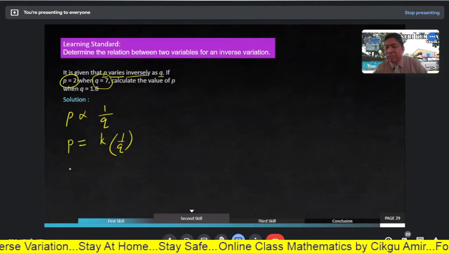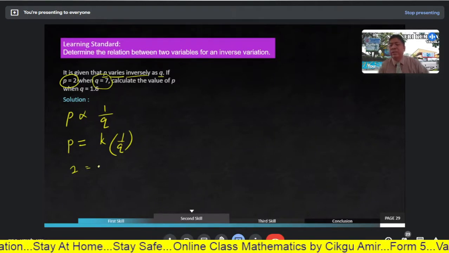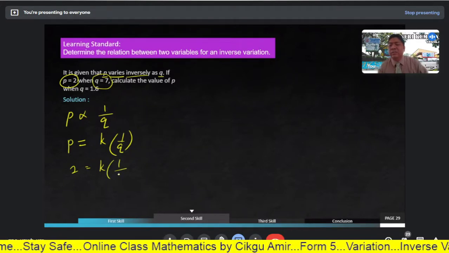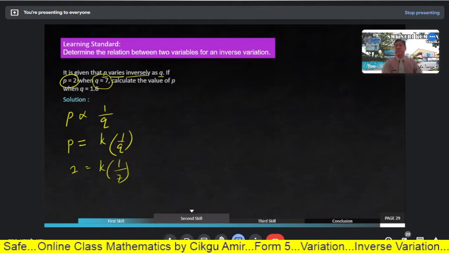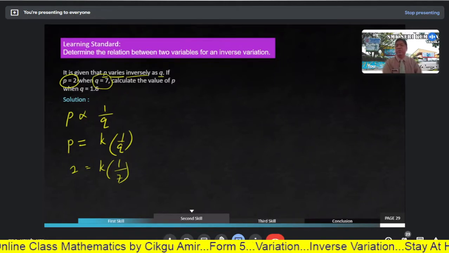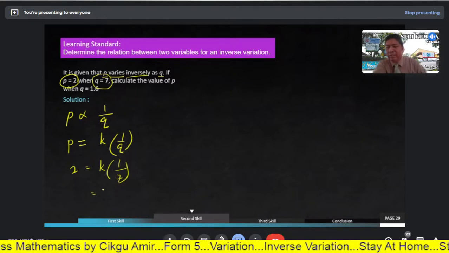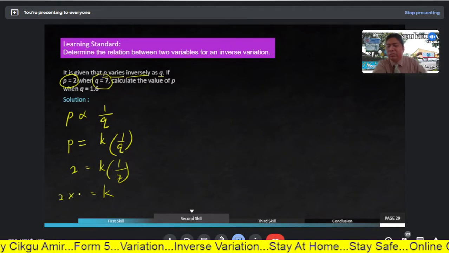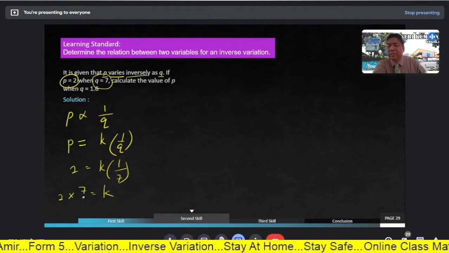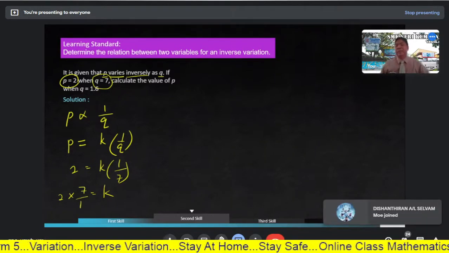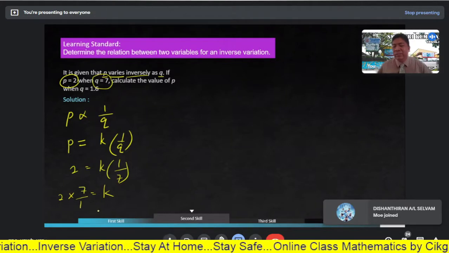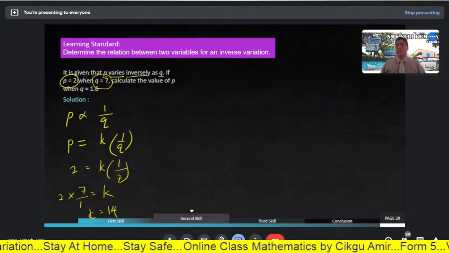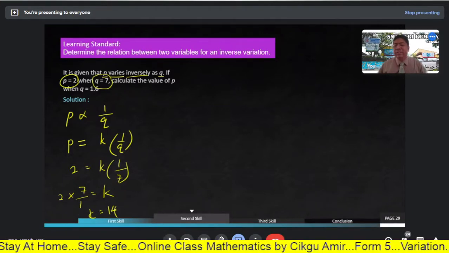So P is 2, K times 1 over 7. To find K, we move 1 over 7 to the left side. It will become 2 multiplied with 7 over 1. 2 times 7 is 14, so K is 14.